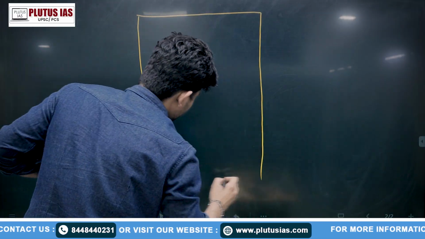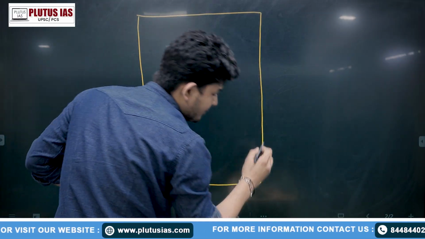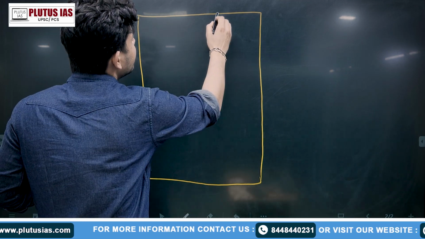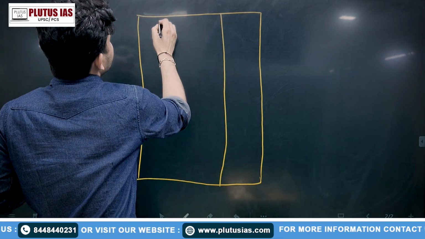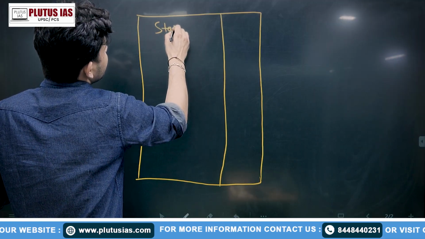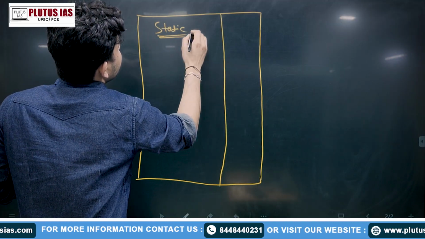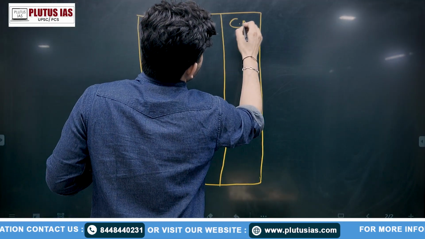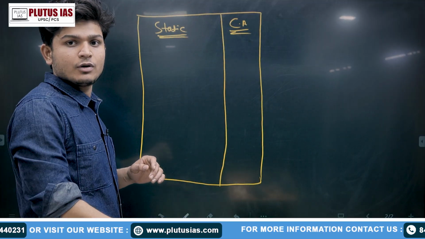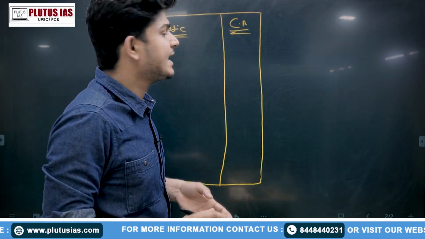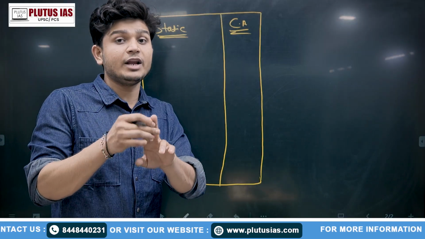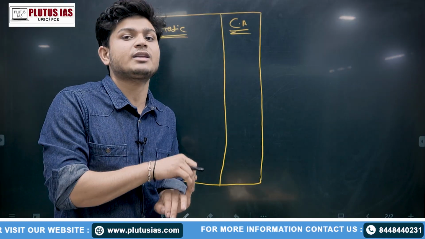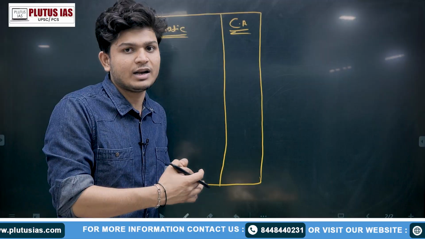In the starting only, he will make an index, and before going to class, he will divide the page like this. This part he will use for static things and this part for current affairs. Do this for each and every topic in subjects like polity, environment, science and tech, disaster management, and international relations.